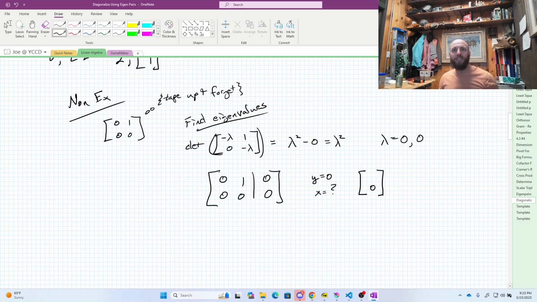So if y has to be 0 and x can be anything at all, this is me solving a null space. The null space of this thing is one-dimensional. Here's a vector. So I ended up with this as my eigenpair. And the trouble is, I should have my other eigenvalue, 0, and I should be able to find another vector here. I can't. This matrix doesn't have a two-dimensional null space.